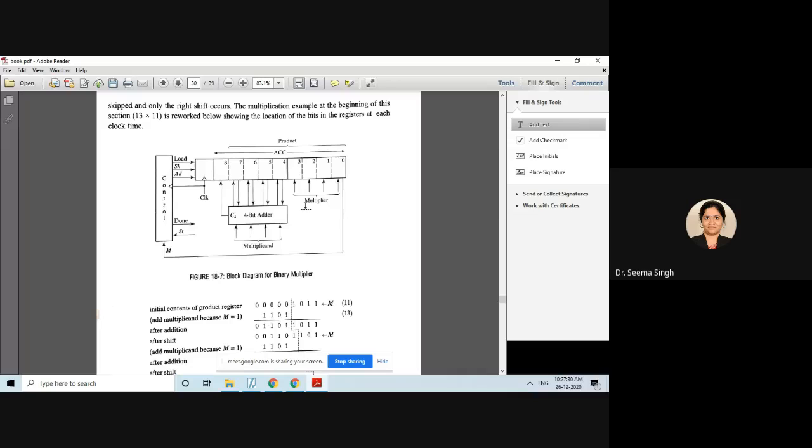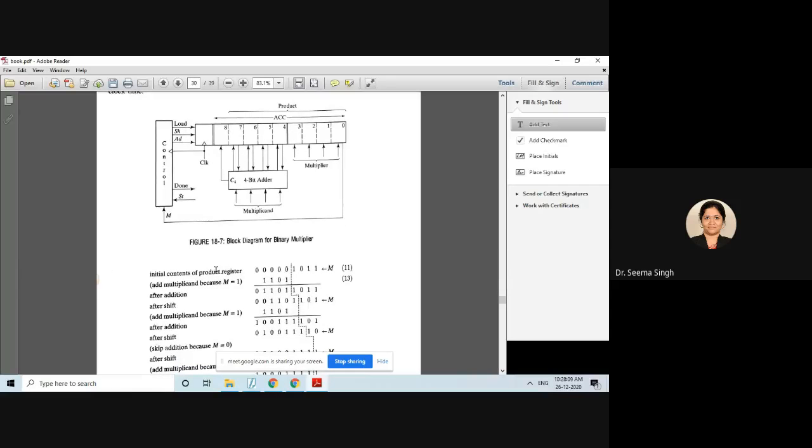Now let us come back here. Your multiplier 4 bits are kept here and your multiplicand 4 bits are kept at 4, 5, 6, 7. Bits 4, 5, 6, 7 are for the multiplicand and 0, 1, 2, 3 are for the multiplier. You can see a two-way arrow here, which is adding and giving back the result here only. Now see the initial content of the product register.